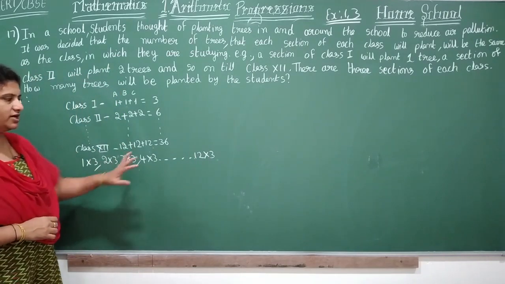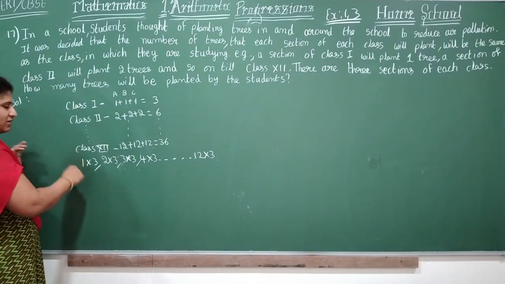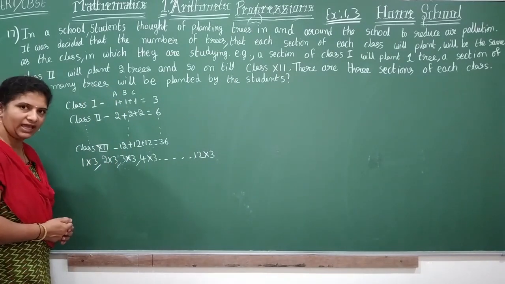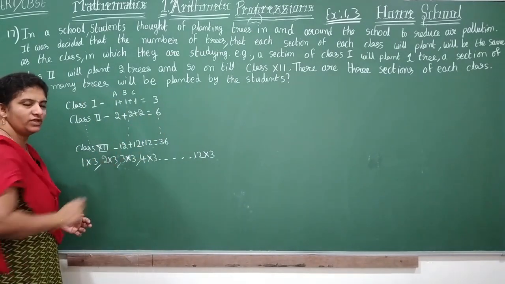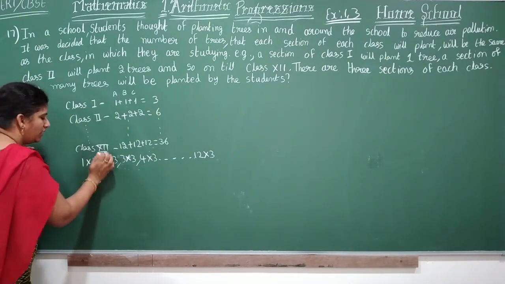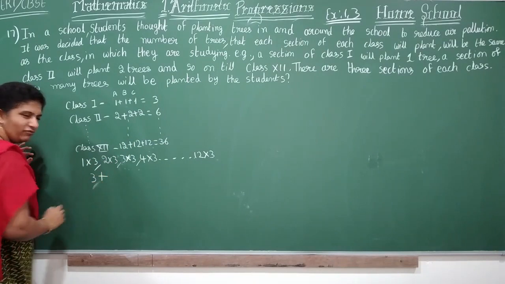Okay, this is your sequence, right? So let's multiply and write here. At least we need a minimum of 3 terms to find A and D in order to find the sum of the number of trees. Let me add up here, children. We have to add, right?